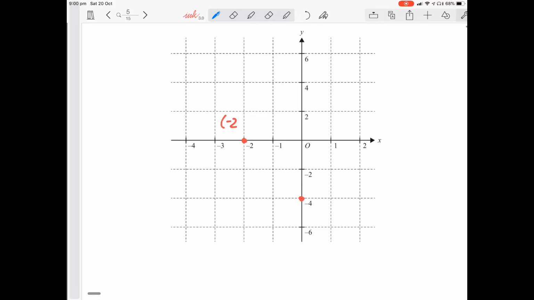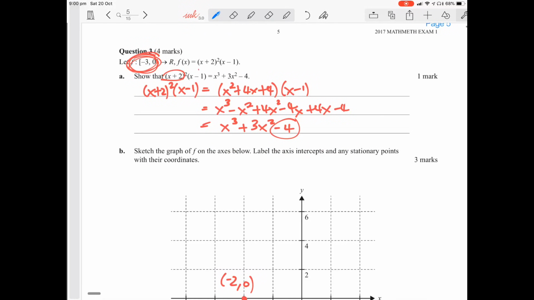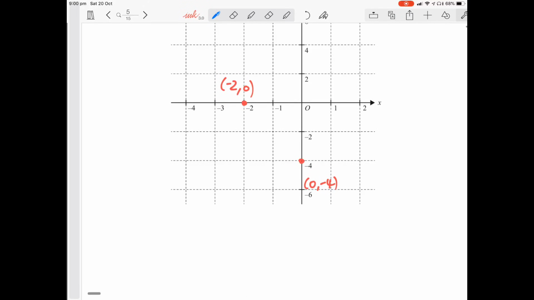So -2, 0, and 0, -4. And on our endpoint, -3, if we sub it into there, we get 1 squared times -4, which is -4. So -3, -4.